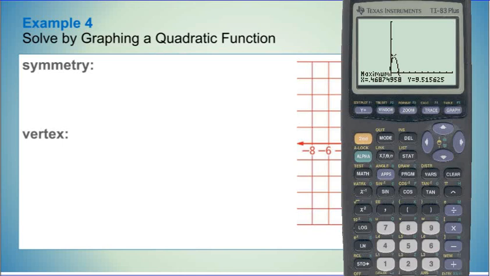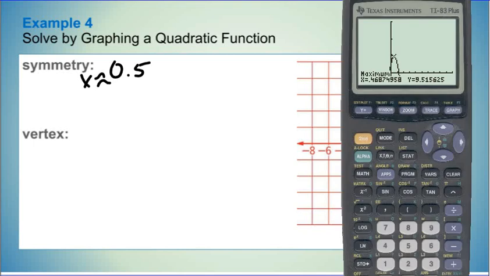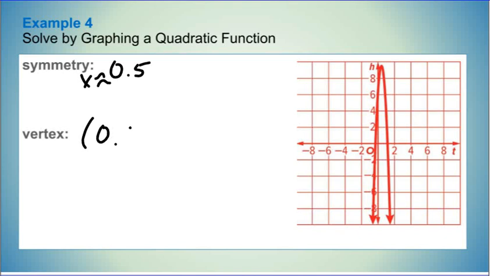So let's make that 0.5. In our vertex, we would say 0.5 and 9.5. That means that after half a second, the maximum height was 9.5 feet in the air.